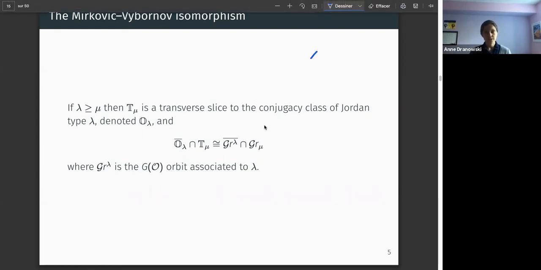So again, also depending on that second weight lambda, and this is also an orbit, but this time it's sort of easier to say explicitly: it's the G(O) orbit associated to that weight.